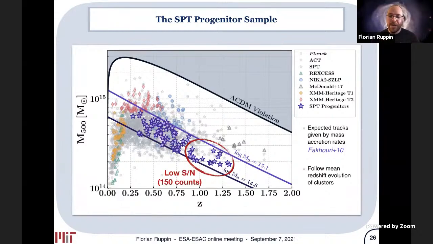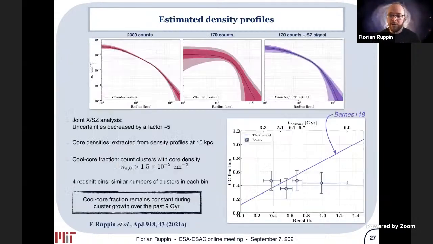And to analyze the ICM properties of these clusters, we need more information. Fortunately, those clusters have been selected using the SPT catalog, so we already have some SZ signal for these clusters in the form of the integrated Compton parameter. And this is really improving our analysis. Here you can see the density profile that we are extracting for typical X-ray analysis with 170 counts.